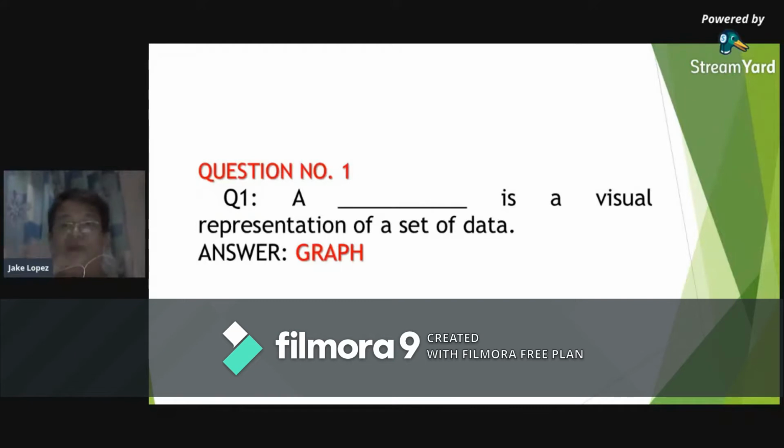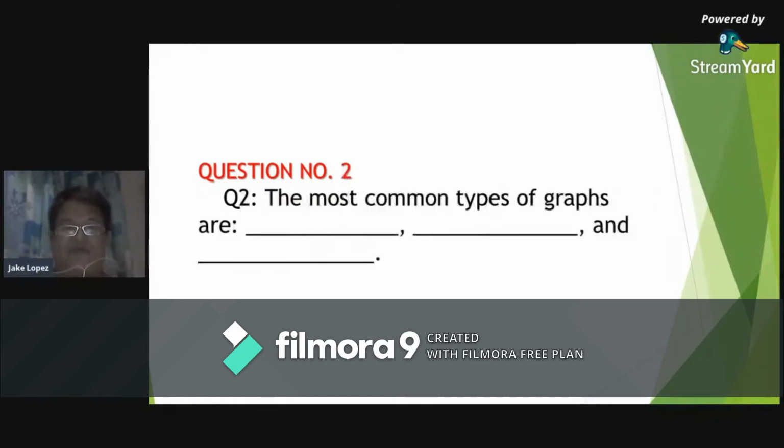Representation is yung ito yung nagbibigay, or ito yung larawan, no, na nagpapahiwatig or nagpapaliwanag sa mga set of data. Okay, so data are numbers or figures or any kind of information na pwede nating i-interpret into a graph.